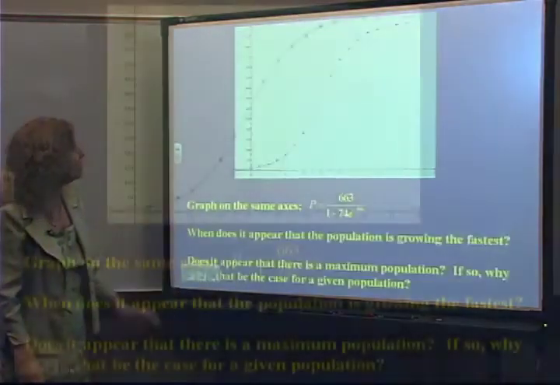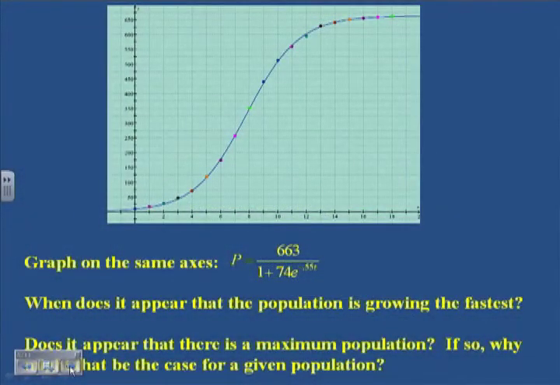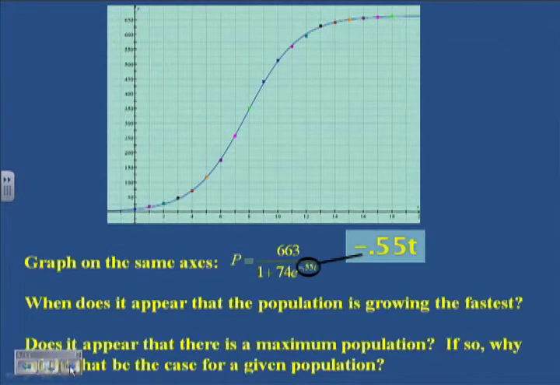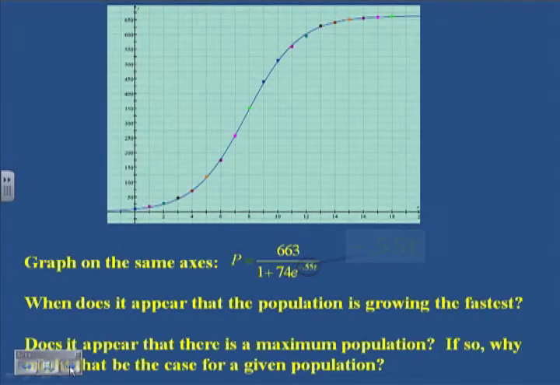And then what I did is finagled around between a graphing calculator giving me a model and playing around with it. And I came up with this particular equation, not a pretty sight, but 663 divided by 1 plus 74e to the negative 0.55t. Wow. And I asked WinPlot to plot that curve, and look at how nice that is.